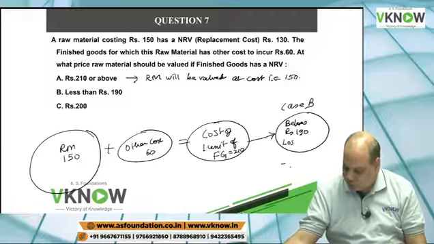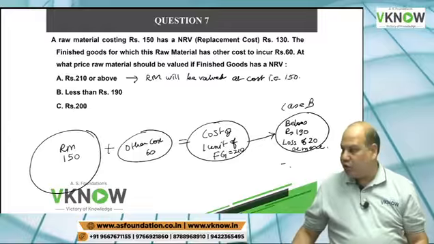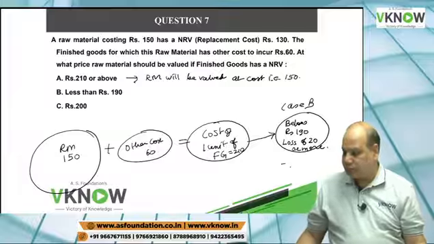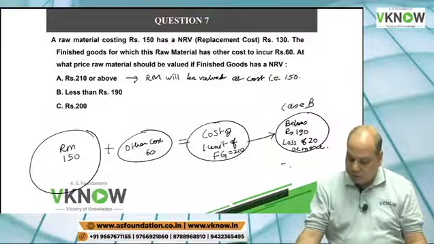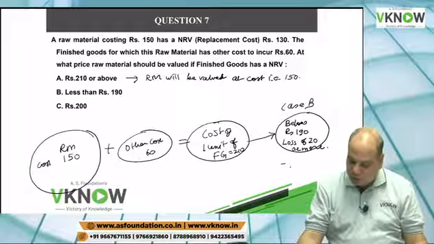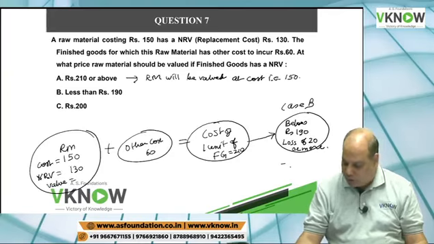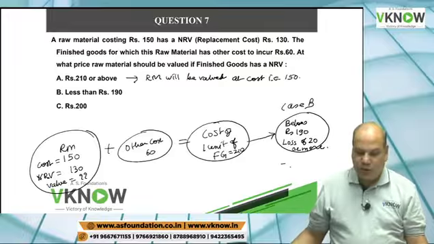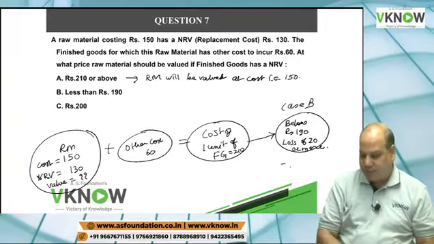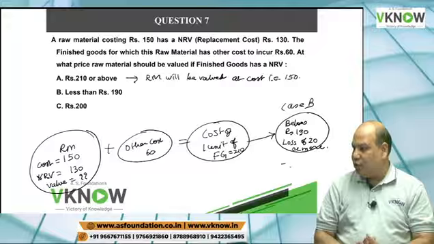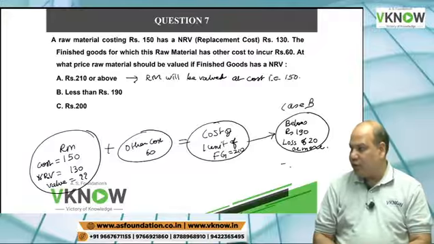So there will be a loss of 20 or more. My question is, raw material cost is 150 or NRV of raw material is 130. What will be the value of NRV to be reported in the balance sheet?